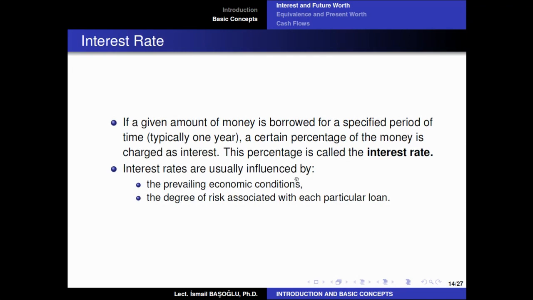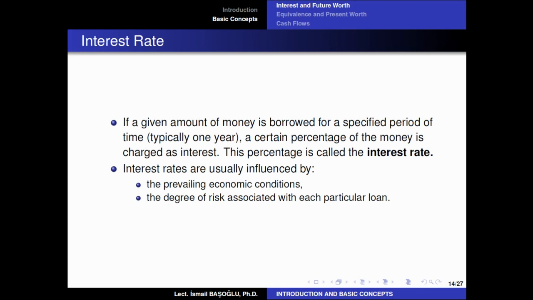The interest rates are usually influenced by the prevailing economic conditions. So if you go to a bank and ask to borrow some money, the interest rate that they are going to expose you to is going to be defined based on the prevailing economic conditions of the country, basically.